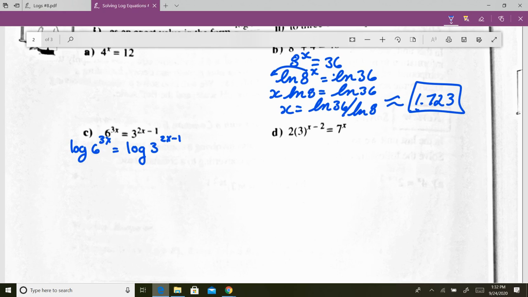Why do we log them? To get the exponents down. So we drop the exponents. So the first one turns into 3x log 6 equals, you have to drop the entire exponent down. And when you do, you have to remember to bracket it because log 3 is being multiplied by both of those things.